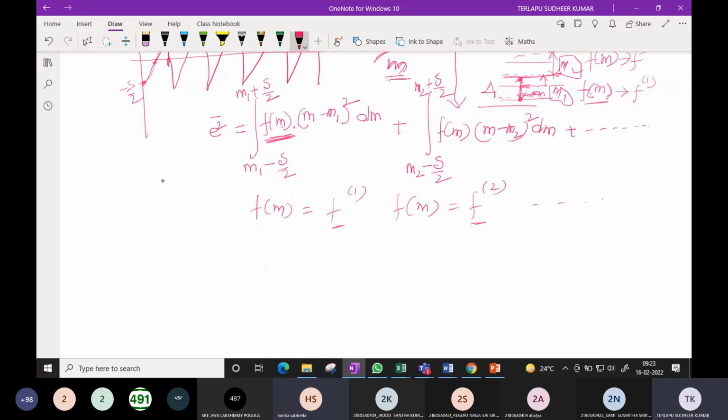Therefore, my mean square error can be written as f of 1 plus f of 2 plus f of 3 plus f of 4 plus so on, times the integral.